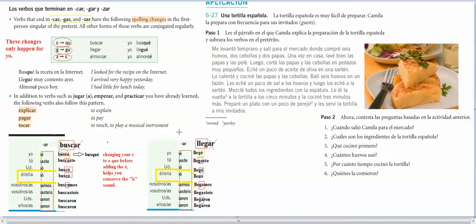Well, in Spanish, they prefer to conserve the sound. So what I can do to conserve the sound and get llegué, which sounds more like the way I'm pronouncing all the other words, is to put a U between my G and my E. And I would have llegué.